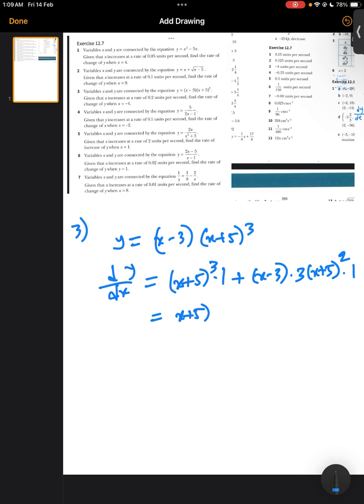So (x plus 5) cubed plus 3 times (x minus 3) times (x plus 5) to the power 2, at x is equal to minus 9. Oh my god. Number 3, x is equal to minus 4 here.